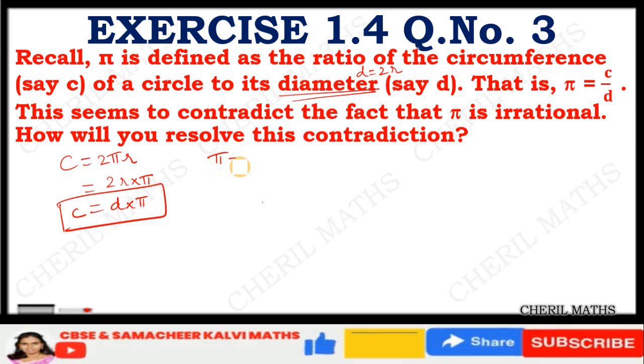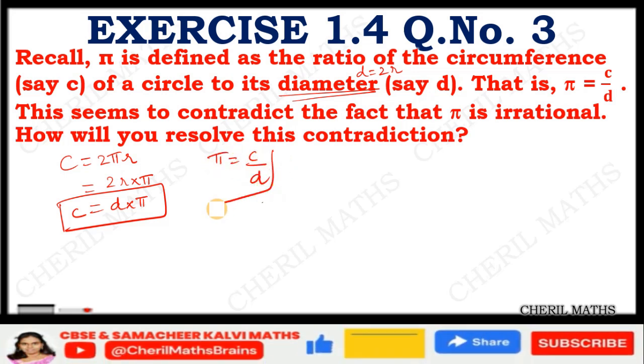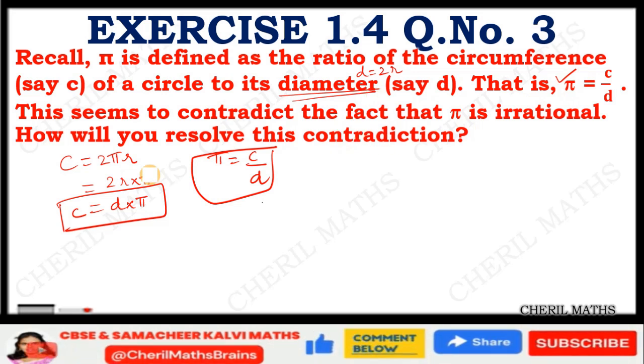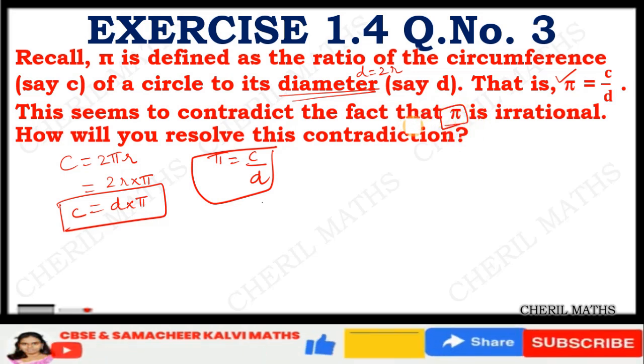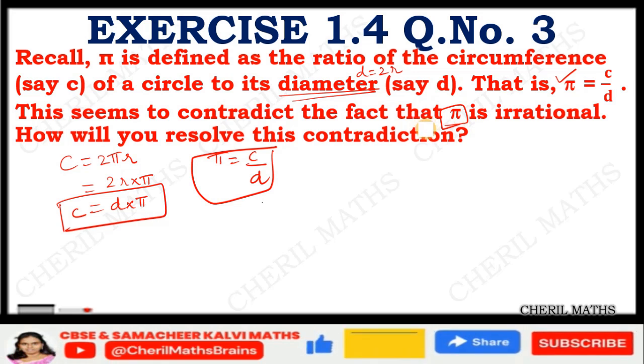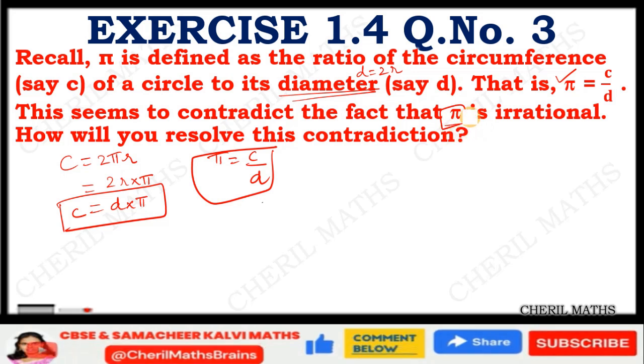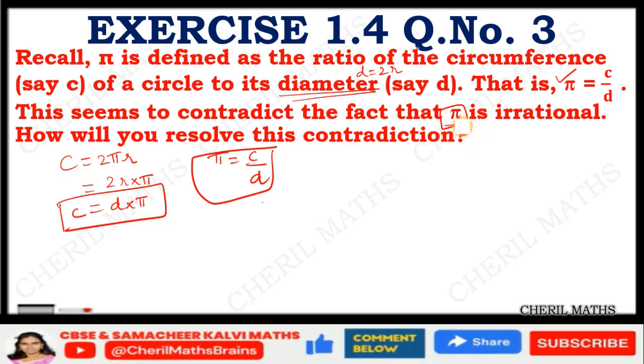So I can write pi is equal to C divided by D. This is what is given here. That is, pi is equal to C by D. This seems to contradict the fact that pi is irrational. We've learned that pi is irrational. We learned about rational and irrational numbers, and from that we concluded that pi is an irrational number.